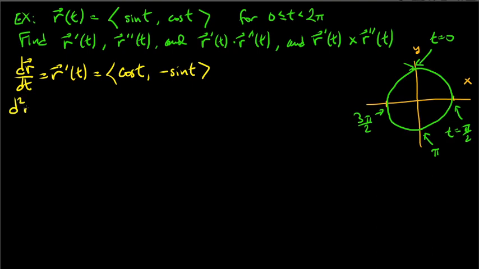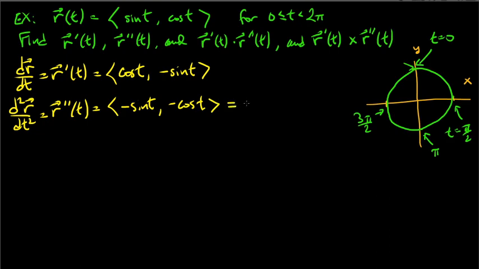And then for the second derivative, or r double prime of t, well, derivative of cosine is negative sine, derivative of negative sine is negative cosine of t. And you'll notice something. You'll notice that the second derivative is actually just the original function, but with a minus sign. So it's negative r of t. We'll come back to that later.